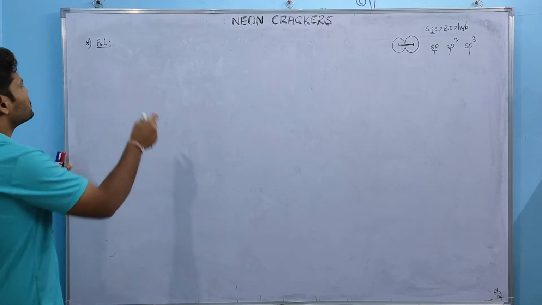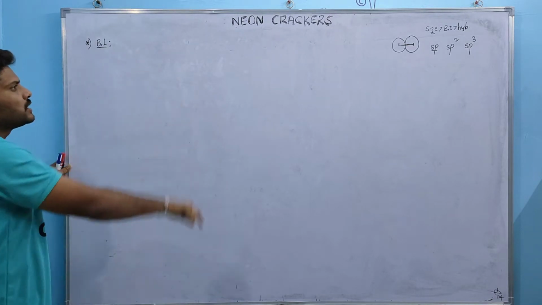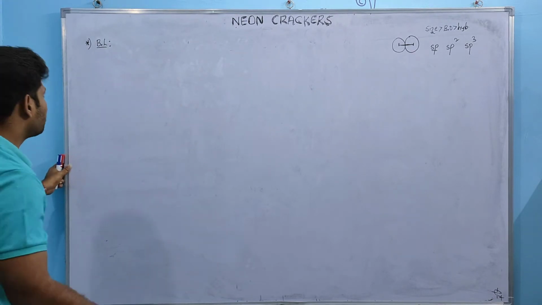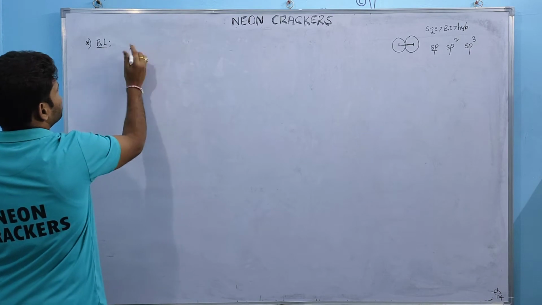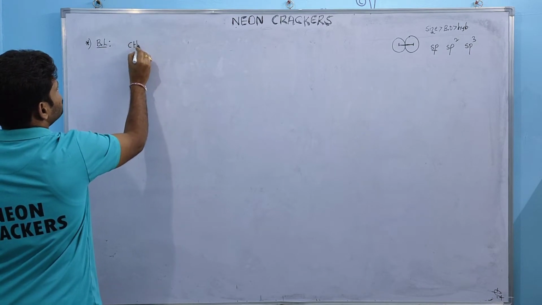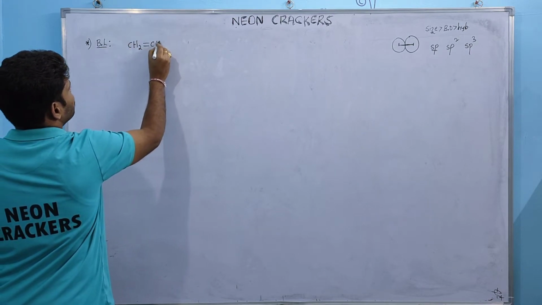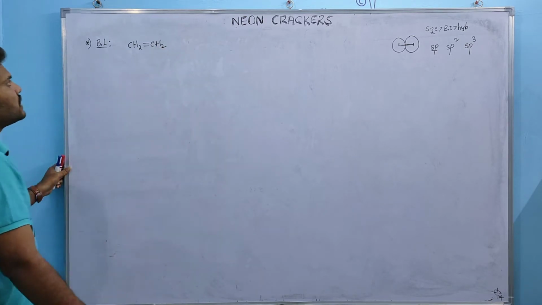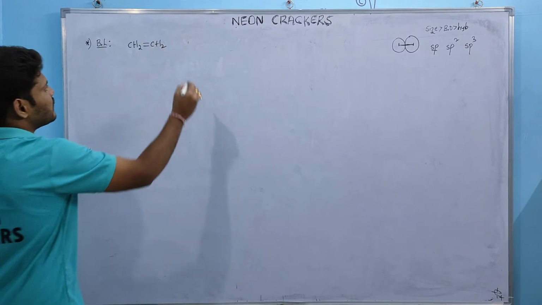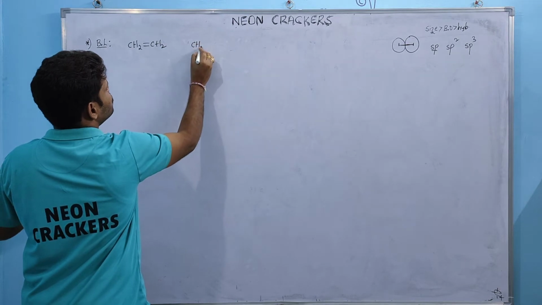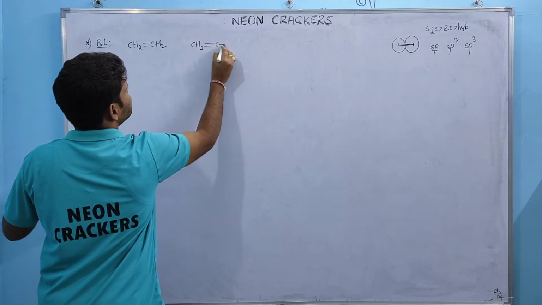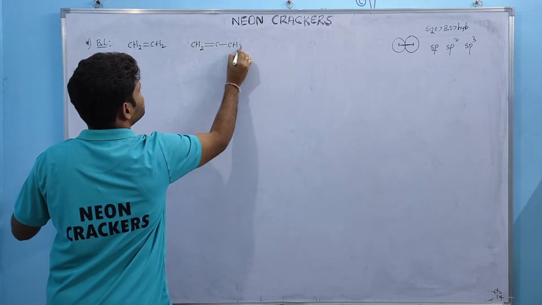Now if we apply the same concept to hyperconjugation, what will happen? Let's see one example here. The first one is CH2=CH2. The second molecule is CH2=CH-CH3, where a methyl group is present.